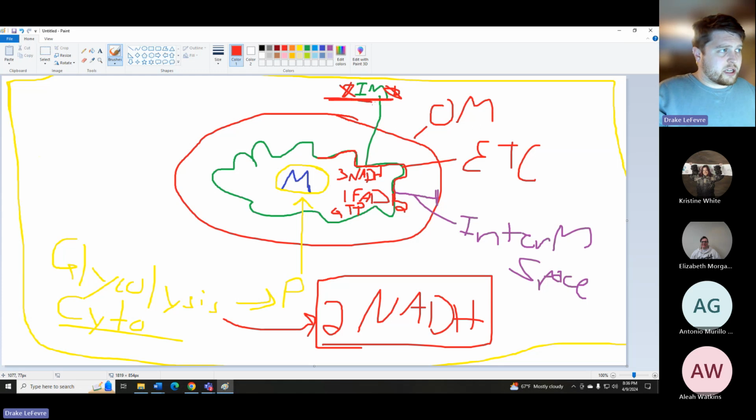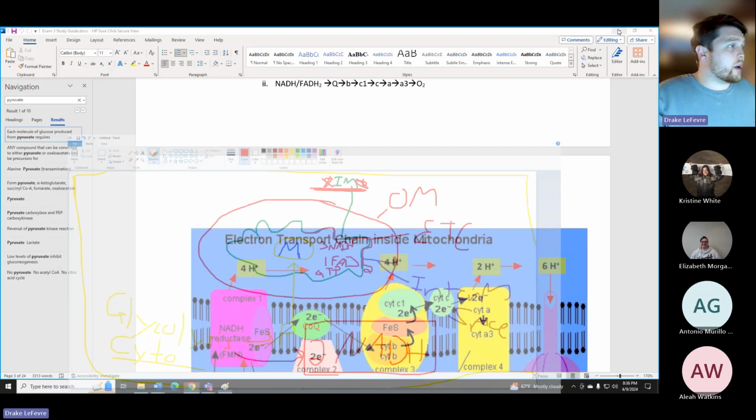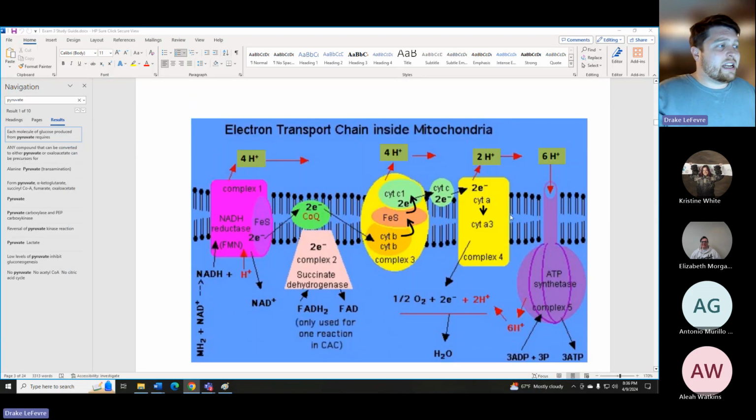So the electron transport chain happens on the inner membrane of the mitochondria. This is our inner membrane separating the matrix from the intermembranous space. Okay.